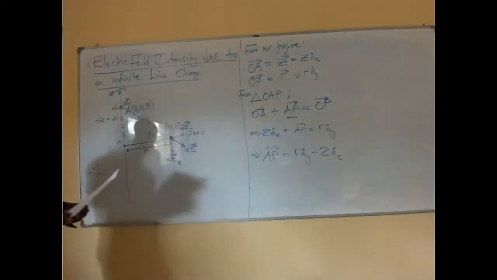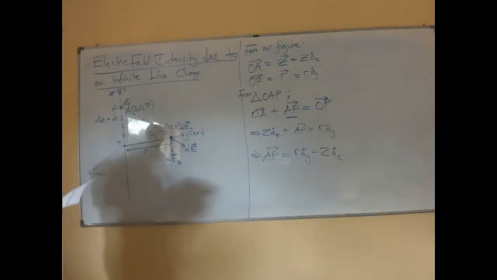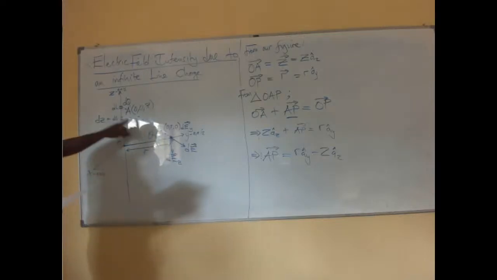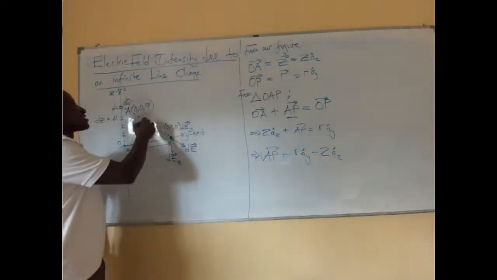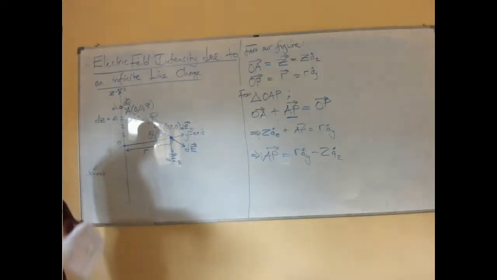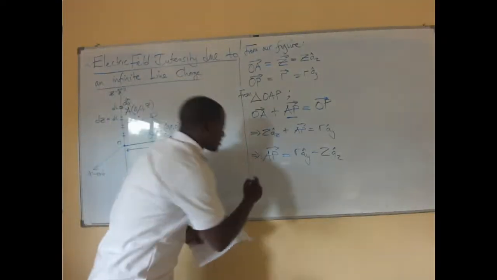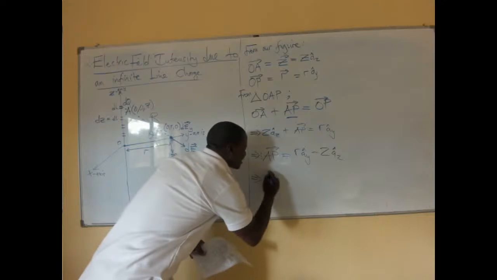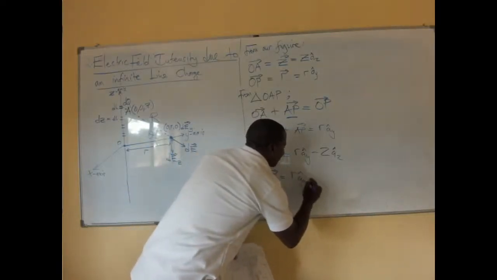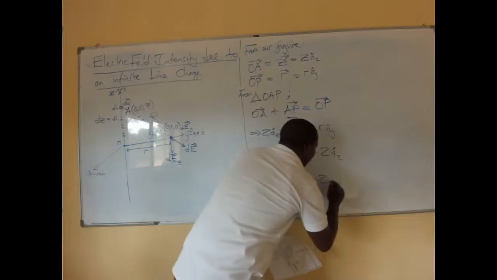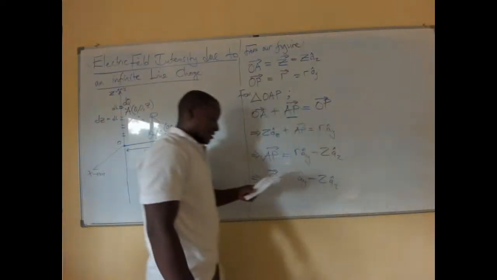So we want now to call this distance, instead of just calling it AR, we want to use the capital letter R. That's why down there you are able to see that R must be equal to R AY minus Z AZ, like that.